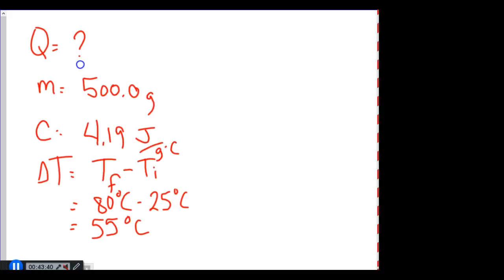We are solving for Q. Q tells us that the mass, the specific heat capacity, and the temperature change of the substance are all important in figuring out how much heat has been transferred. You actually already identified that earlier, except instead of saying volume of water, we're going to say mass of water.